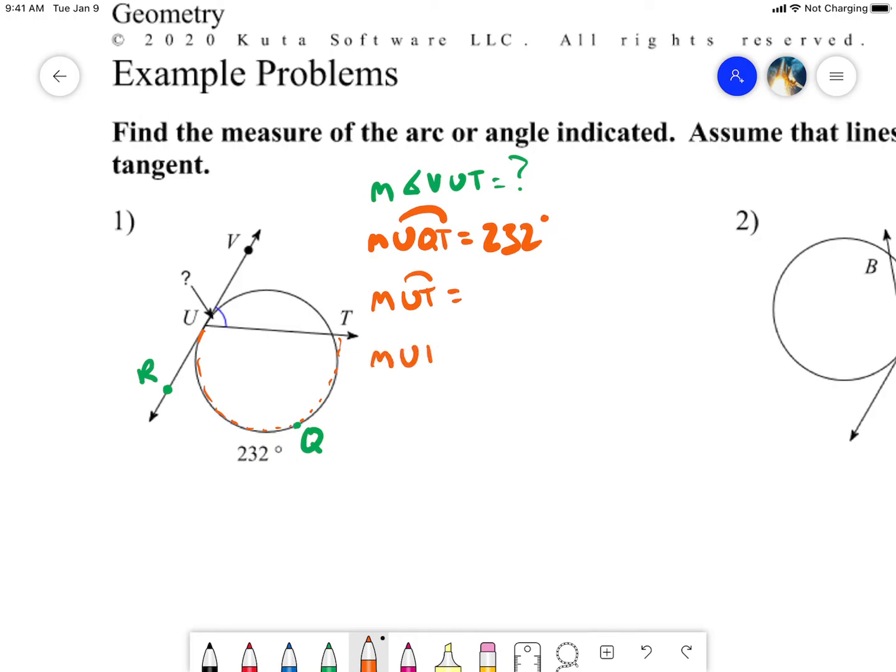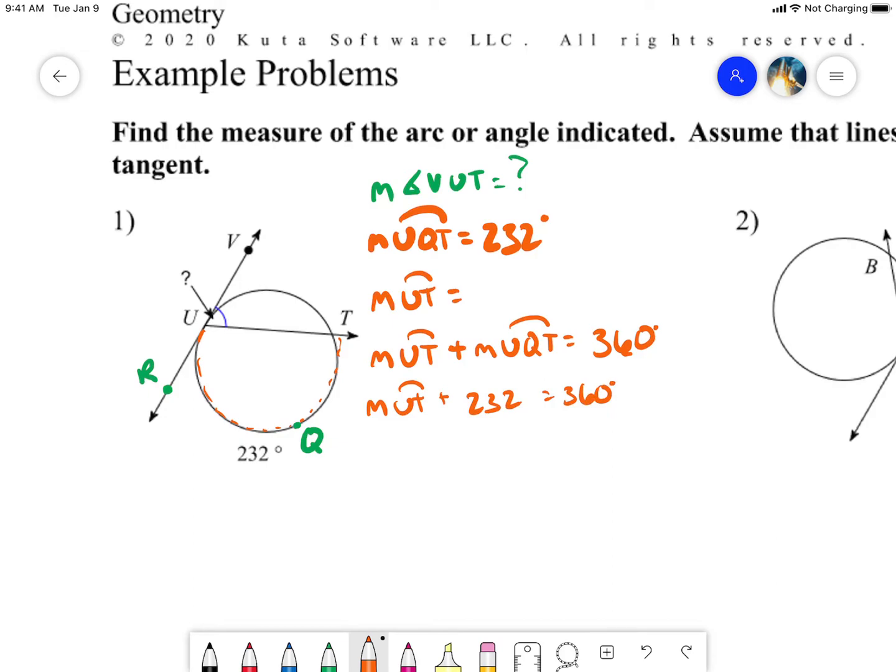If I add the measure of arc UT plus the measure of arc UQT, what do I get? I get 360, because they make up the whole circle. Well, I already know what UQT is. It's 232 degrees.